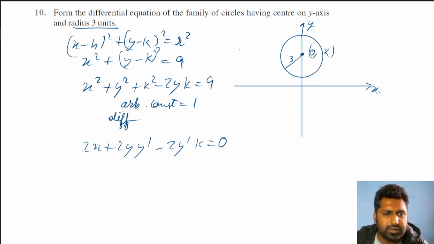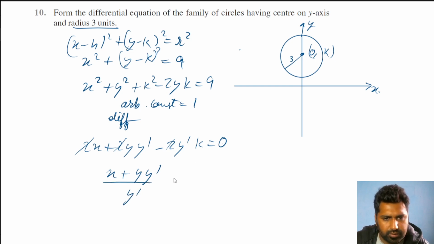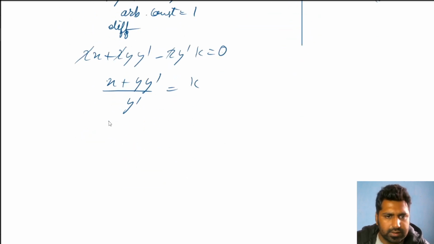You can first eliminate the 2 by taking it common. So this is x plus y y dash. Take this on the other side, with y dash in the denominator, so k equals that over y dash. Or you can split it in two parts: x by y dash plus y is equal to k.